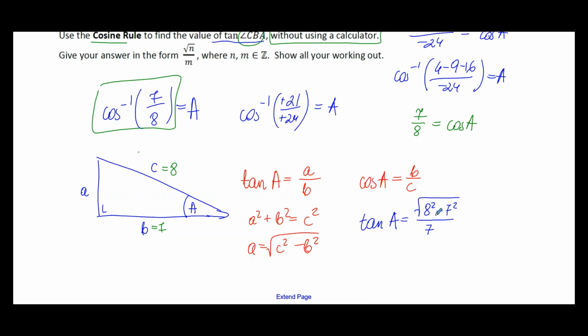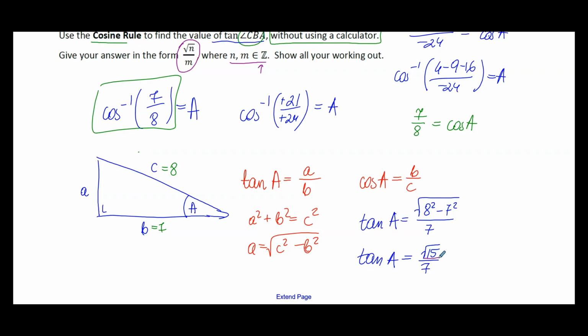And again, yes, you can put that in the calculator, don't worry. That's not an issue here. So what we get is the square root of 15 over 7, and that's where the terms and conditions are coming from, that we need to give it in this form, and the value under the square root and the value at the bottom of the fraction have to belong to Z. If we don't remember what Z is about, page 23 in our maths table will show us that they are whole positive or negative values, no fractions.